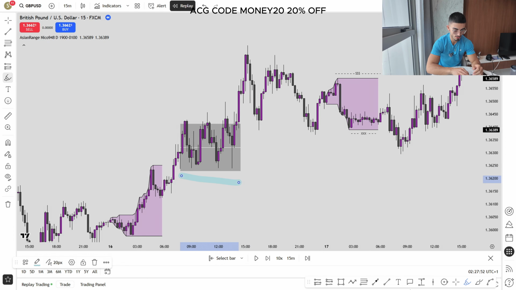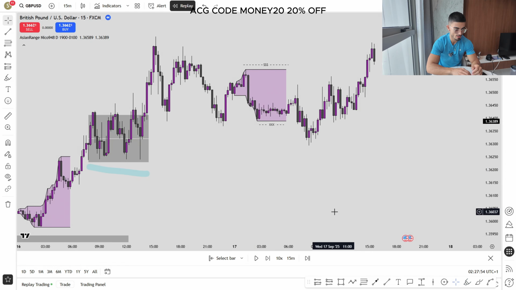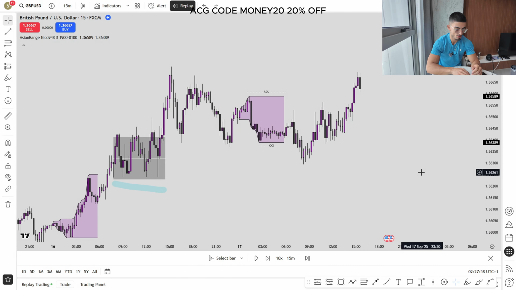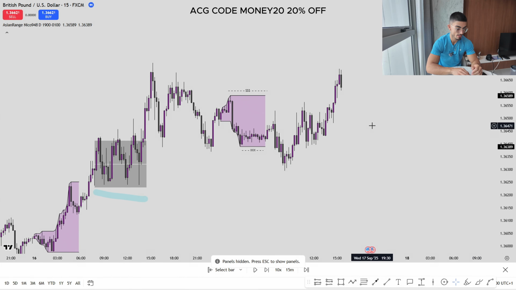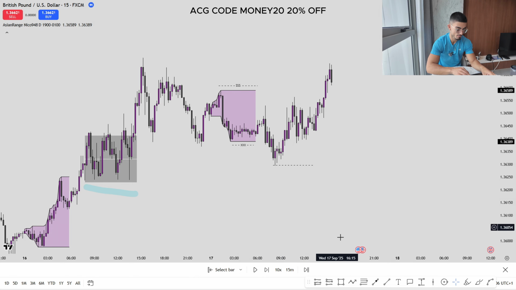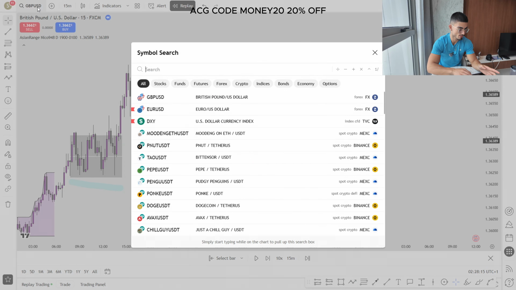So what I was thinking is maybe what GU will do is it will induce all of these early buyers here, right? Sort of what we saw in EU, take out all of these buyers here, and then take out the liquidity from here and then go higher, right? So I didn't want to risk taking the trade on GU, which is why I looked to trade EU instead.